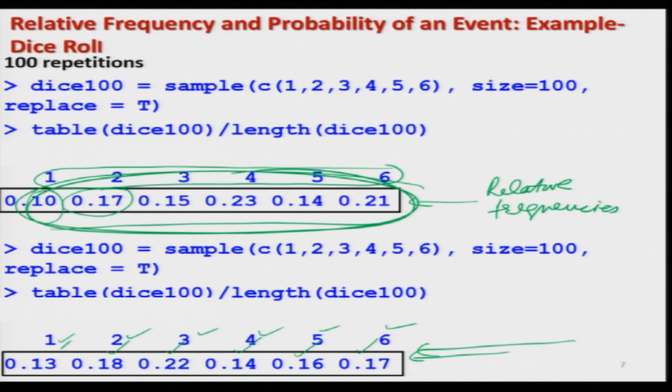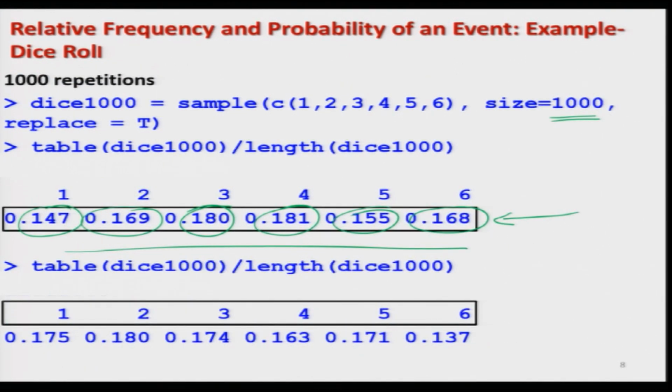Right. So, do you not think that this gives you an idea that values are converging towards some unknown value that we do not know, right. But definitely from our theory, we know that this value is ultimately going to be close to 1 upon 6. And if I try to repeat the same experiment here once again, then the relative frequencies of 1, 2, 3, 4, 5 and 6 come out to be 0.175, 0.180, 0.174, 0.163, 0.171 and 0.137.